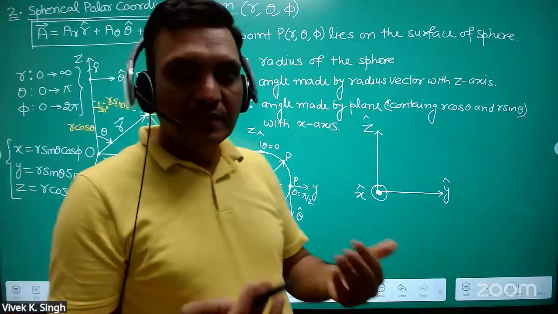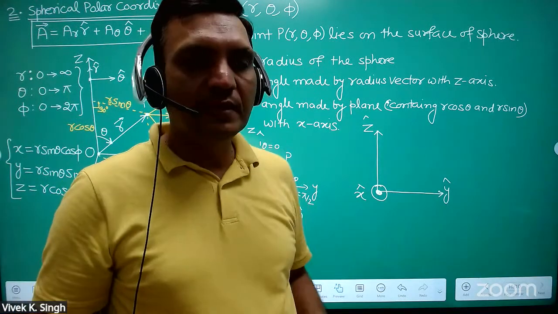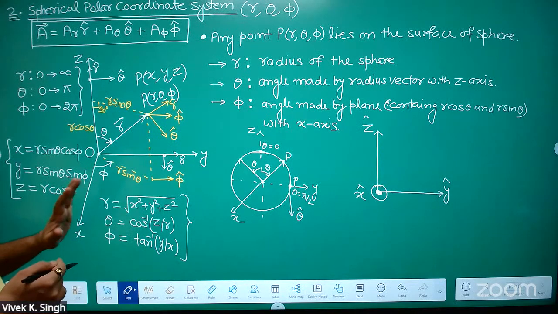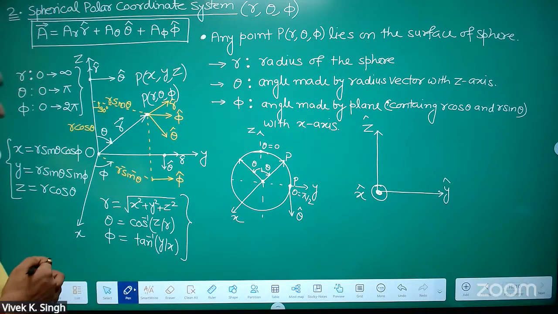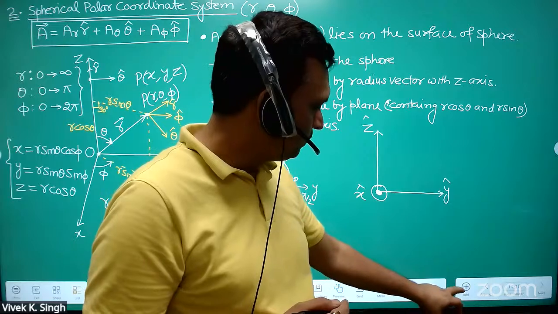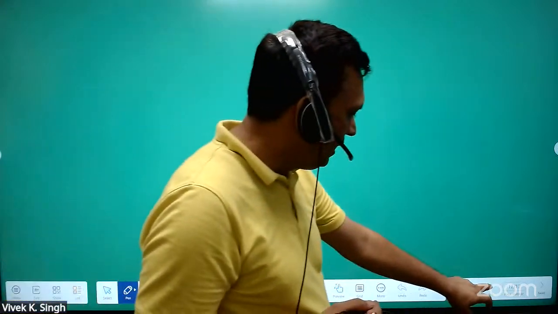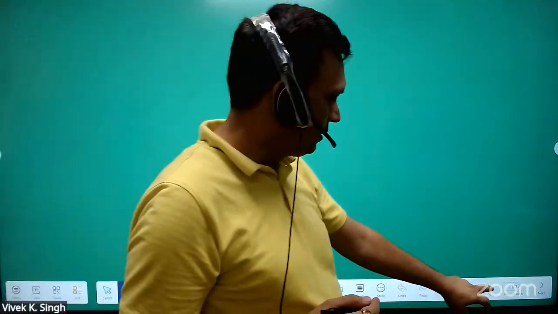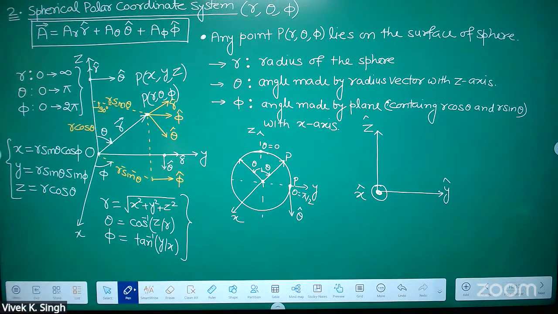Once you visualize the spherical symmetry, you can visualize cylindrical also, and Cartesian you know. Symmetry is important. Sir, can you show the previous slide? Yes, check it. Okay, sir, clear.